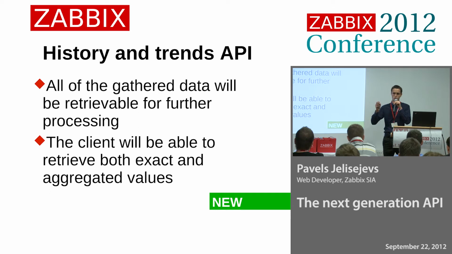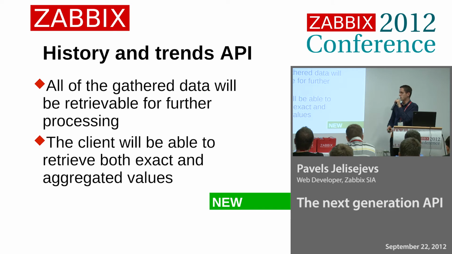So you can either retrieve all the raw values, or maybe you can retrieve some aggregated data like minimum or maximum or average values for a specific time period, with a specific interval, precision. So everything you need to control the data flow. This will be really useful if you need some additional processing for the values you've collected. So these are some of the new features we're planning for the nearest releases.